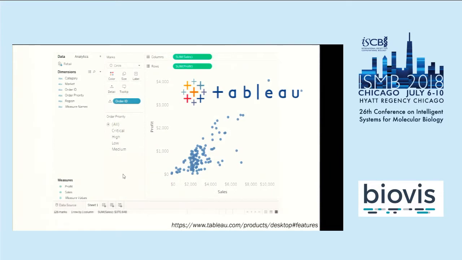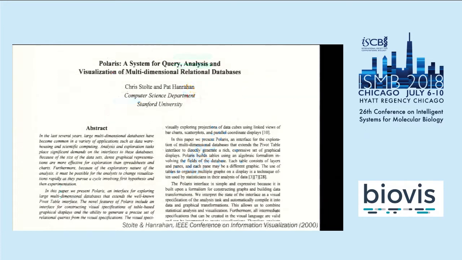So this is essentially one of the core technologies behind what's now being sold as Tableau. This is a paper called Polaris, a system for query, analysis and visualization of multidimensional relational databases. I find it quite fascinating to go back in the visualization literature and find these papers.